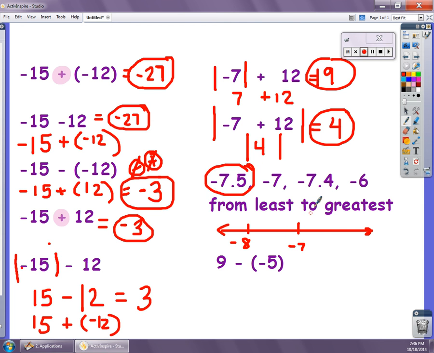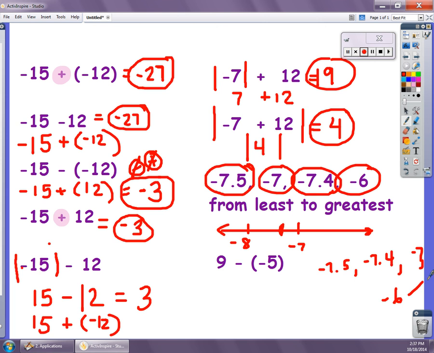Then the next number would be negative 7.4, because here's negative 7, and negative 7.4 is between negative 7 and negative 8. Then comes negative 7, and our biggest number is negative 6. So from least to greatest: negative 7.5, negative 7.4, negative 7, and finally negative 6.